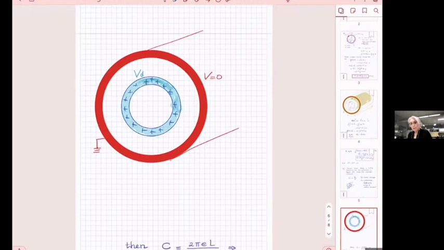And if you have to expend energy, that implies that you're going to have a variation of potential from one point inside that blue conductor to the other. But it's going to be small because this conductor is very thin.